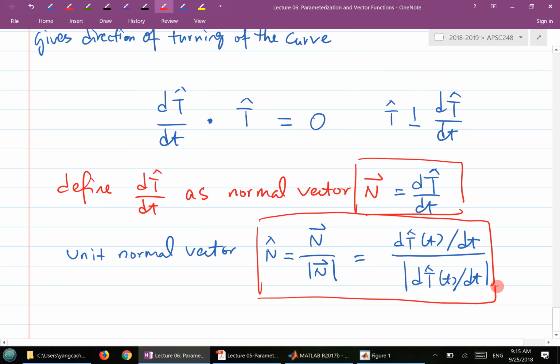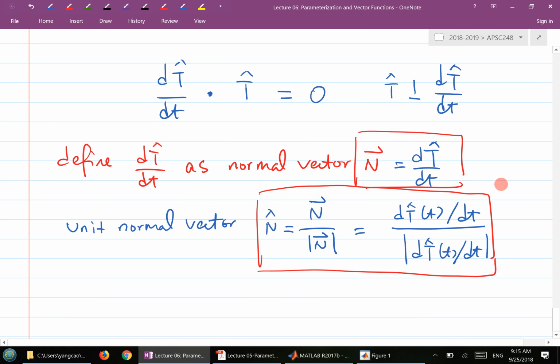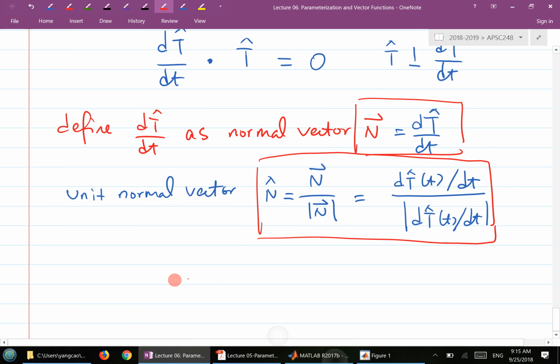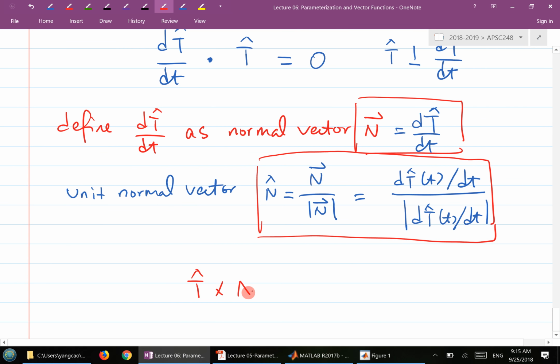So four formulas here. Finally, there's another vector: you take the cross product between the unit tangent and the unit normal. The result is a unit vector. This is basically called the binormal vector.